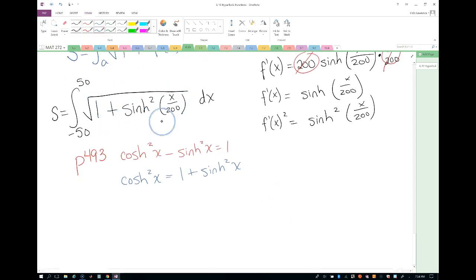So that entire radicand can be replaced with hyperbolic cosine of x over 200 squared. And now that we've got it simplified down to just a single term, we can cancel the square and the square root.